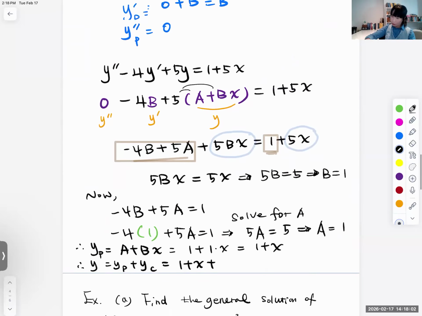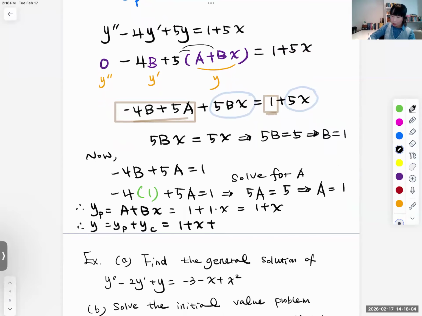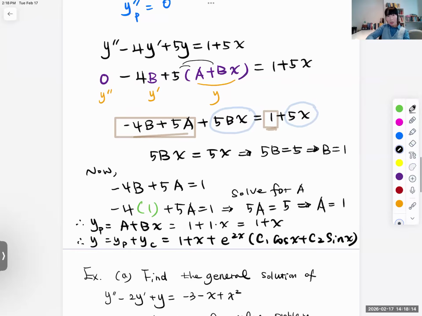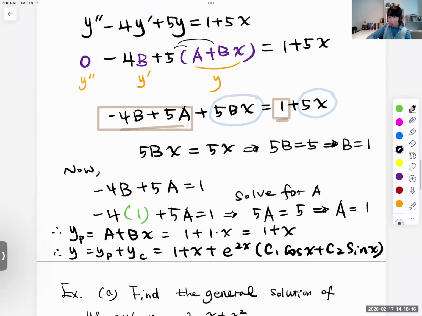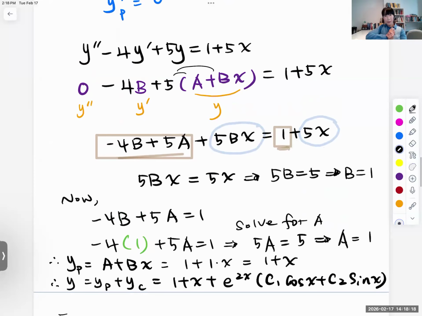Let me rewrite here. e to the 2x, c sub 1 cosine x plus c sub 2 sine x. Okay. Make sense?